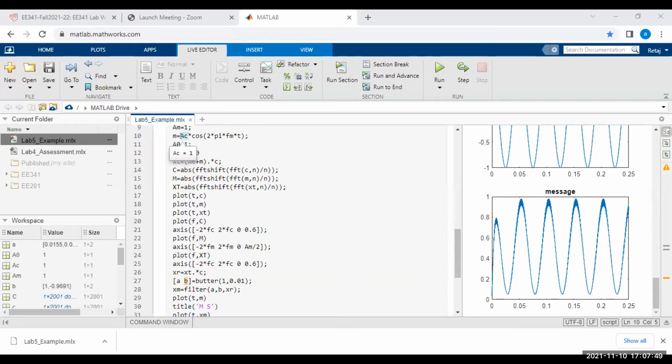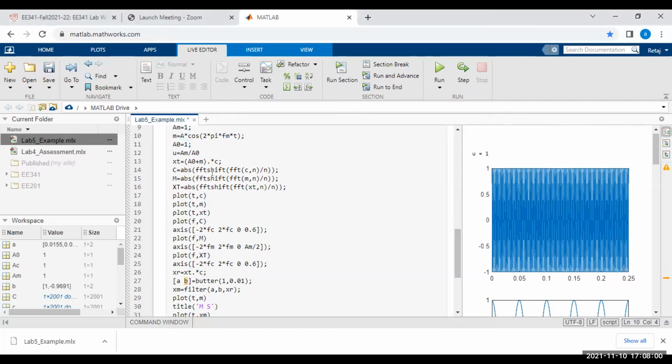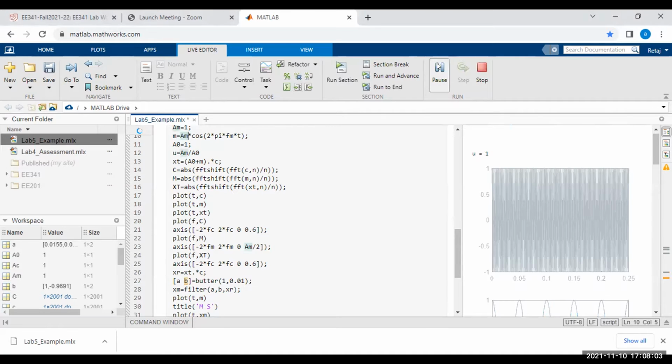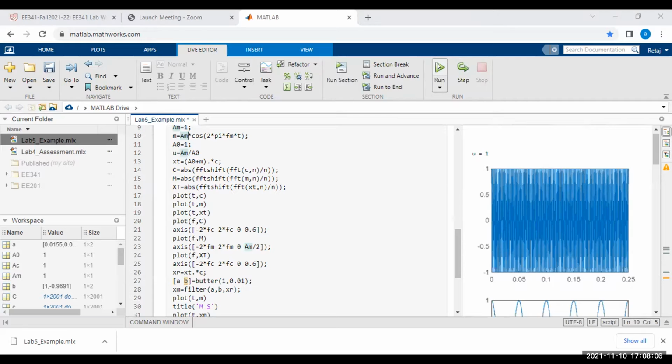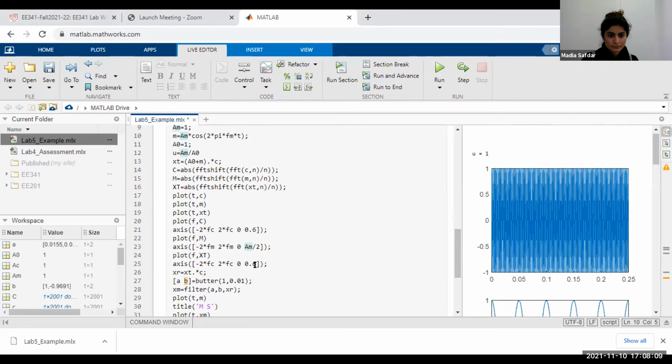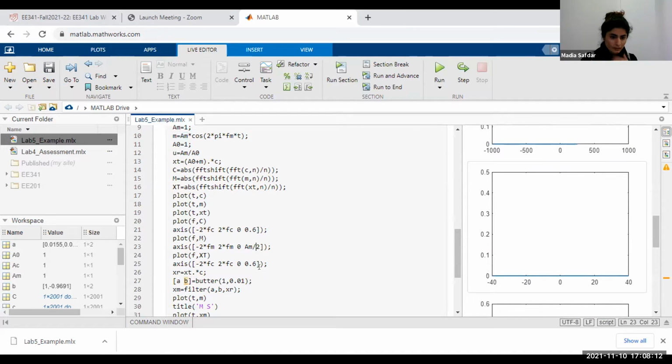I just changed here AM and then I changed it to AC, but there is nothing different in here. Oh, this is AM. AM divided by 2. Don't know why. Online, it should not make any problem.